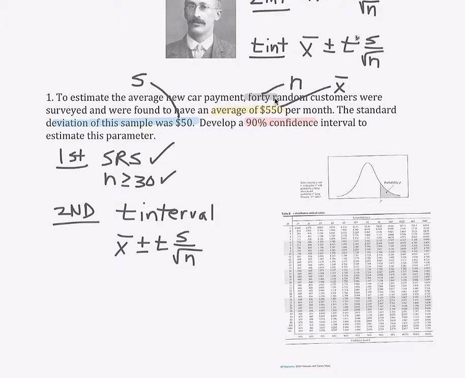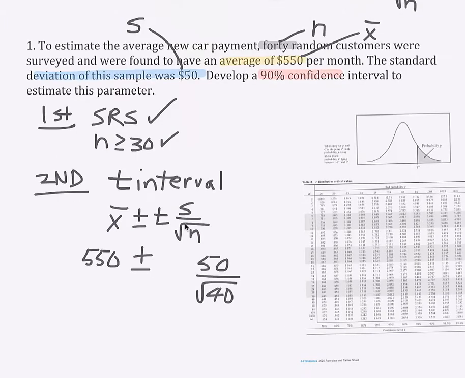Then you can replace into the formula all the values that we know are true. So in this case here, the average was 550 from the sample, the standard deviation was 50, the sample size was 40, and the only thing we don't know at this point is what value to use for t.